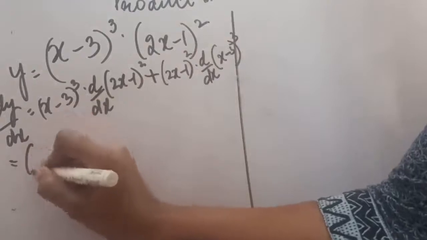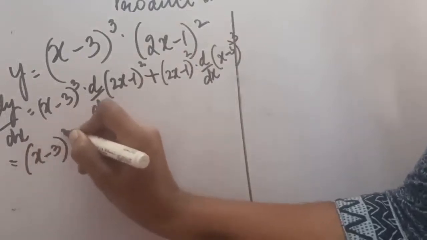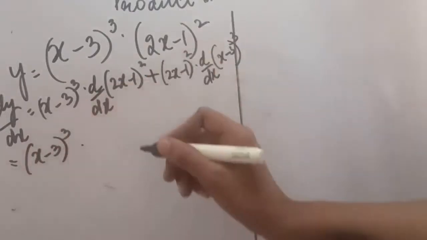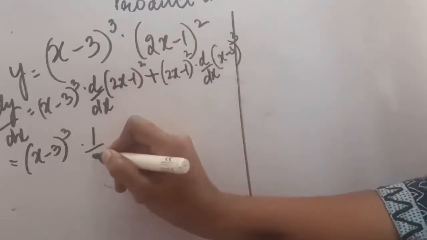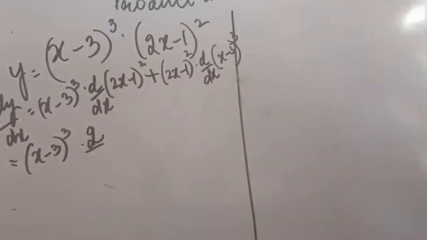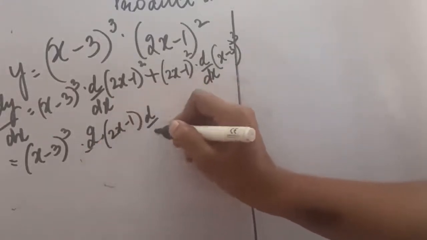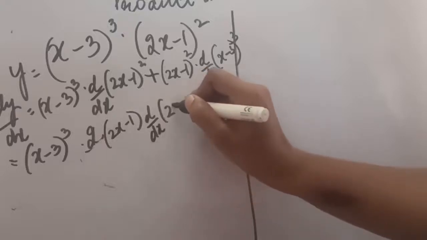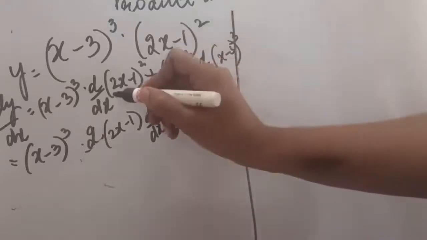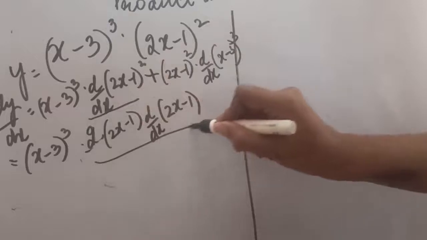So solving it, (x−3)³ is the same. The derivative of this will be 2 coming in front because it is the power, then 2x−1 and again the derivative of 2x−1. So this derivative we have taken in this way.